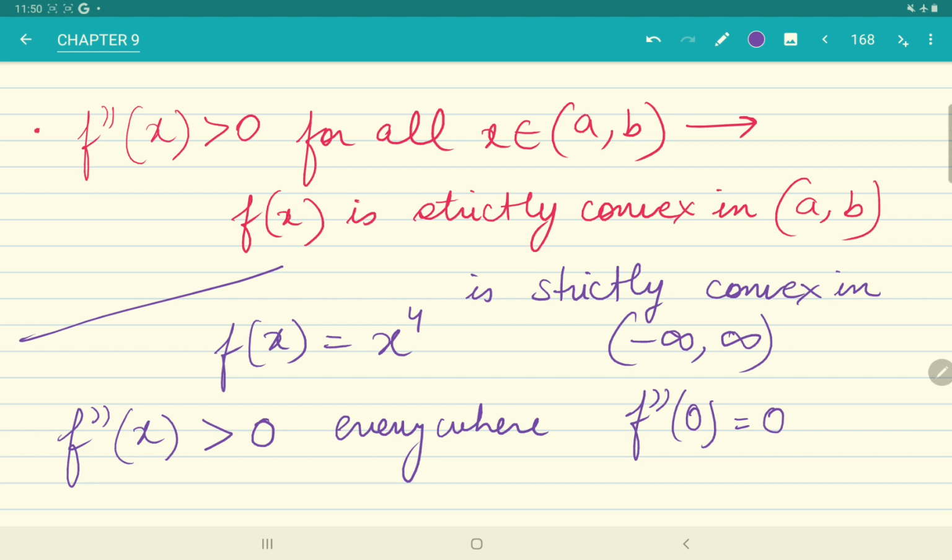So what does that mean? That means the fact that f double prime x is greater than 0 is a sufficient condition for f to be strictly convex. It is not a necessary condition. We have a function which is strictly convex, but f double prime 0 is equal to 0. We can't say that f double prime x is greater than 0 everywhere.